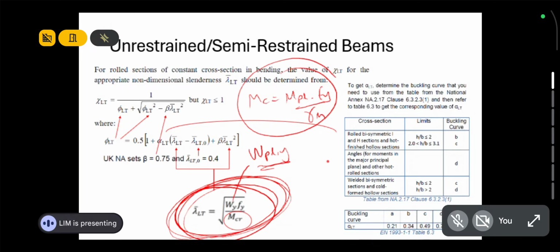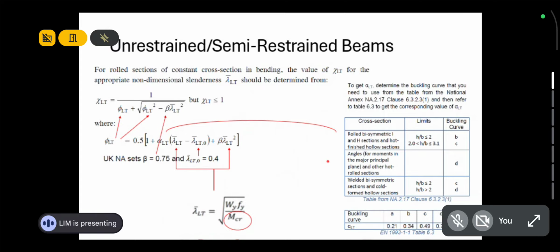Same W times same Fy divided by MCR. So basically, in this entire page, the only thing that you don't know now is MCR.